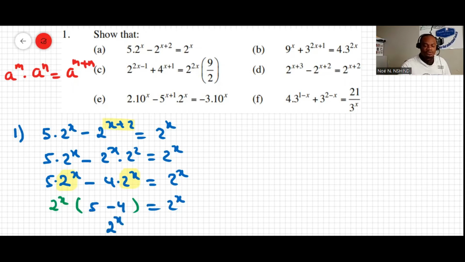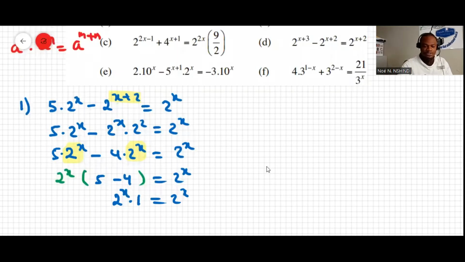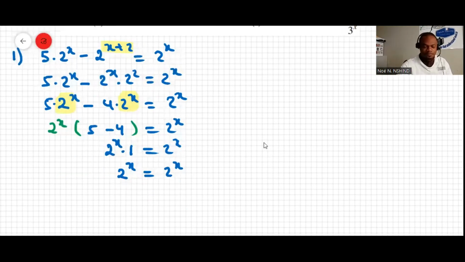So that makes 2 to the x times 1 equal to 2 to the x. This is proven. Left hand side is equal to right hand side, because this is 2 to the x equal to 2 to the x. Proven.